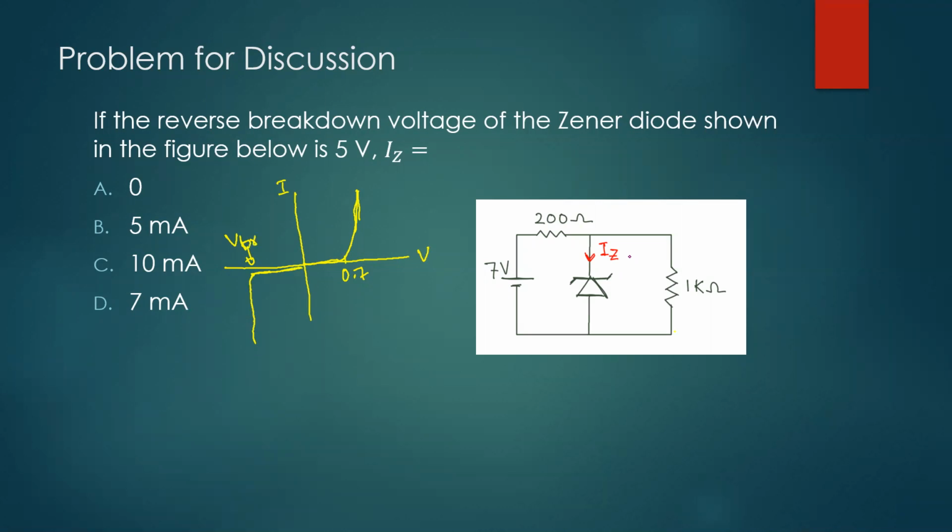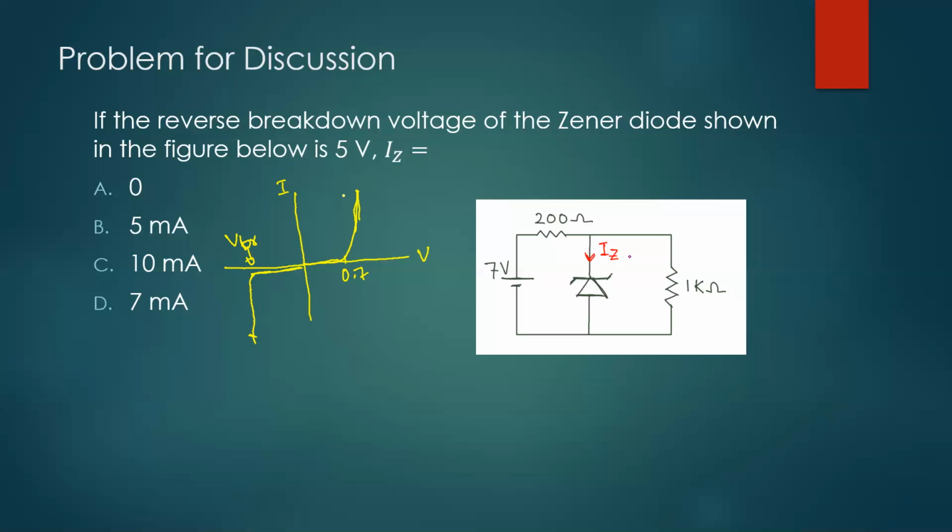These Zener diodes are specially fabricated diodes which operate in reverse bias. They can allow large amounts of charge to flow through, and bear large currents without altering the potential difference across them.